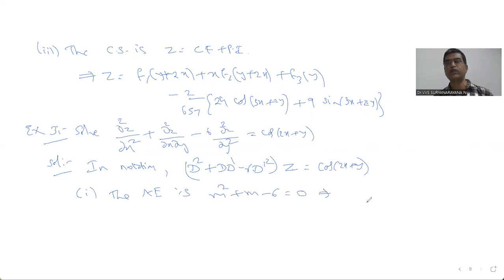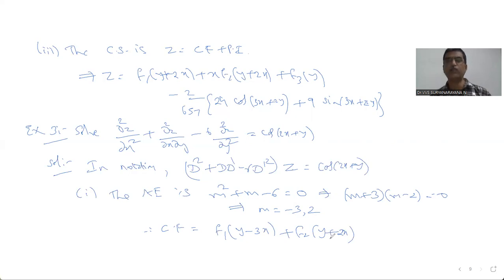So m square plus m minus 6 equal to 0, which after factorization becomes m plus 3 into m minus 2 equal to 0. That means m equal to minus 3, 2. Both are different. So our complementary function is simply some function of y minus 3x plus another function of y plus 2x. So direct, there is no confusion here.